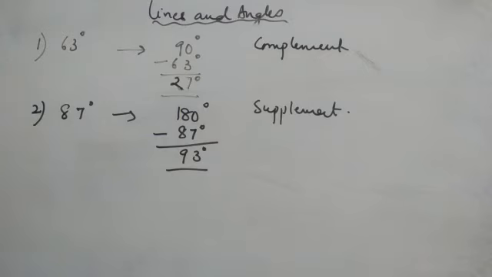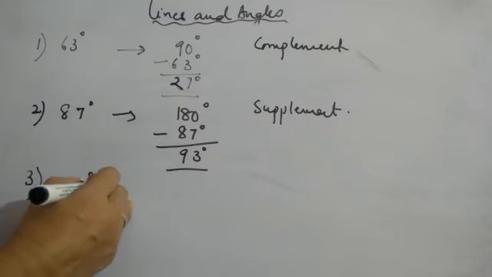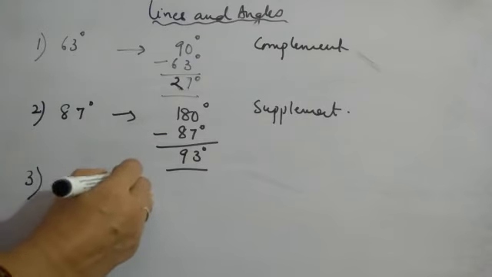Now you may be asked to check whether a given pair of angles is a pair of complementary or supplementary angles. Suppose you have a pair 112 and 68.